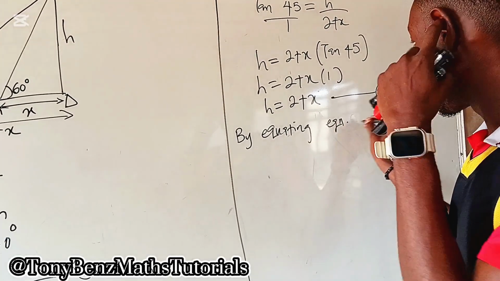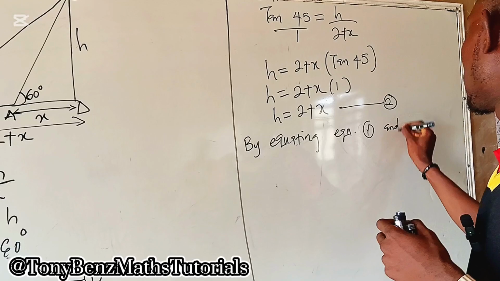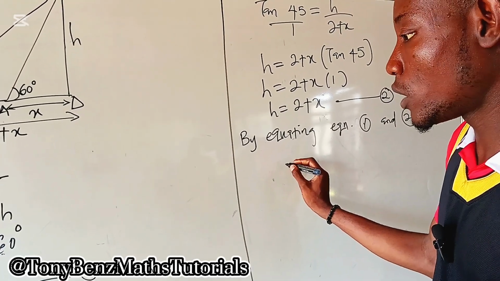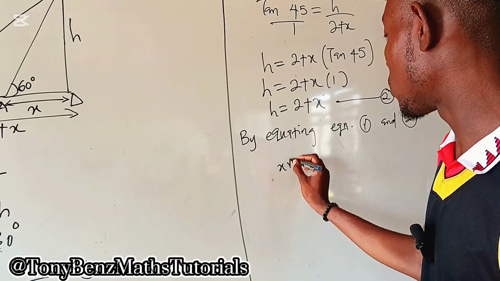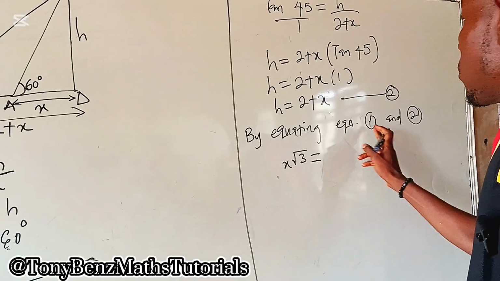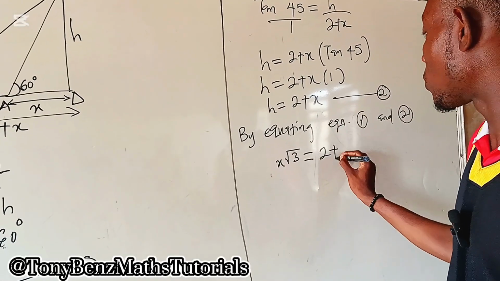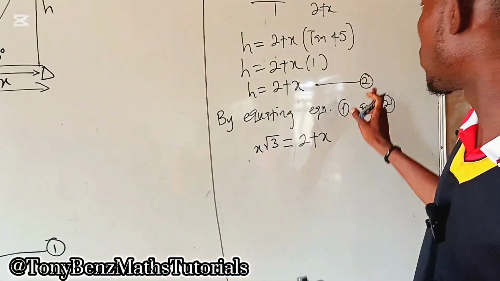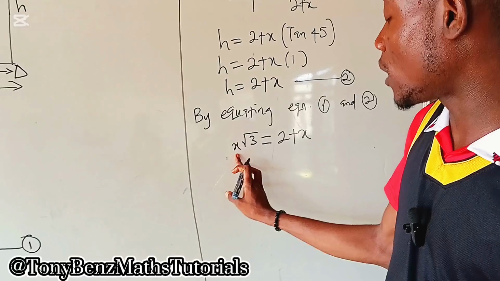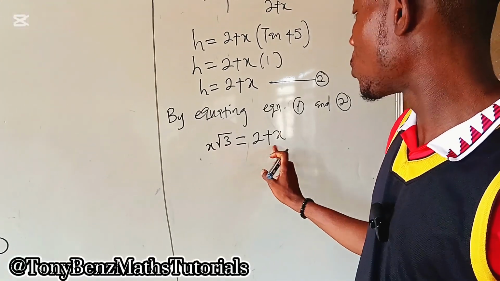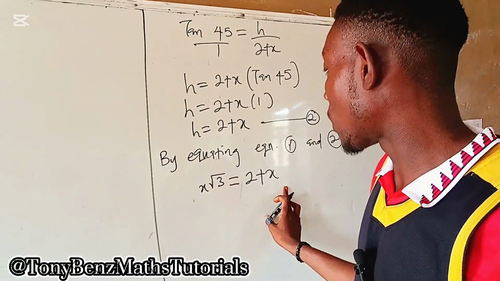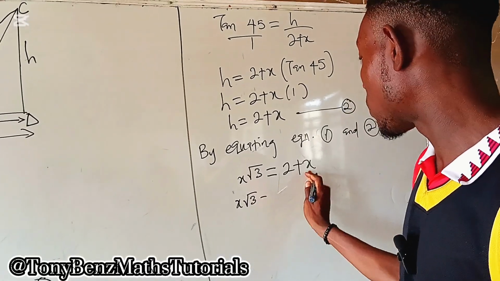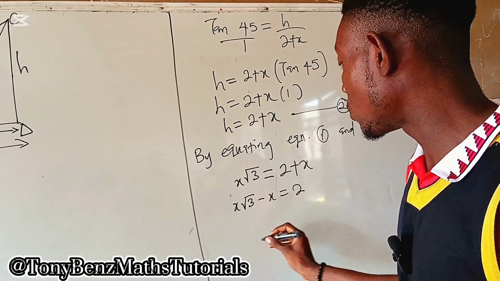By equating equation 1 and equation 2 together, we have X root of 3 is equal to 2 plus X. Collecting like terms, we have X root of 3 minus X is equal to 2.